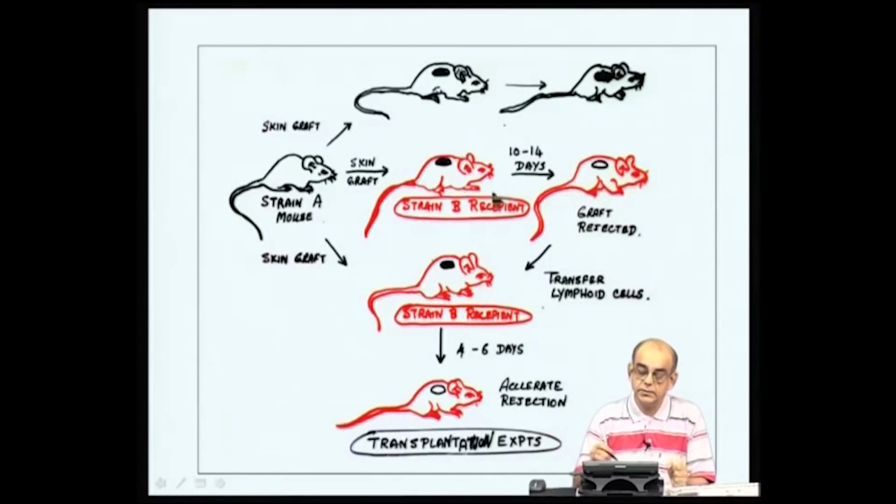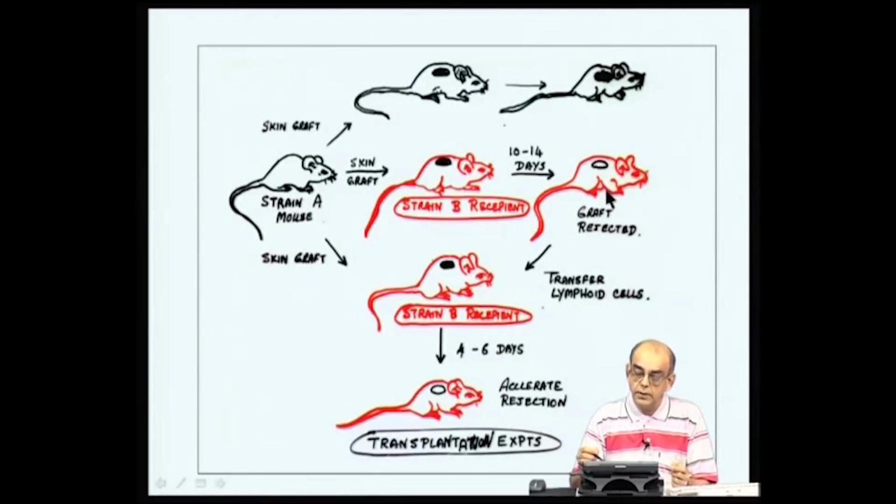So, to summarize, the lymphocytes in this white mouse would recognize this black skin as being non-self or foreign to itself, and they would react against this, and this reaction would cause the stoppage of circulation that had already been established in those 10 to 14 days, and this piece of skin would fall off.